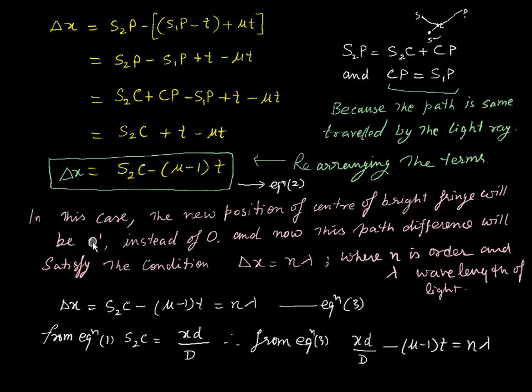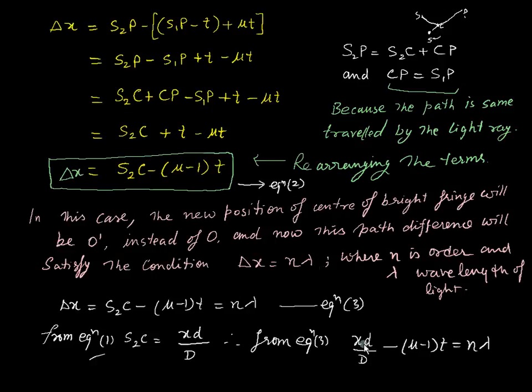And now when you place the mica sheet, then the center point of the fringes will shift from O to O prime, as I told you earlier. And now this path difference will satisfy the condition for the maxima, that is n lambda. Delta x should be equal to n lambda if the central spot of the fringes is bright.